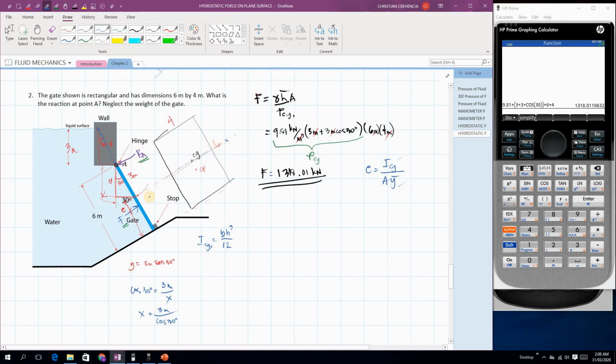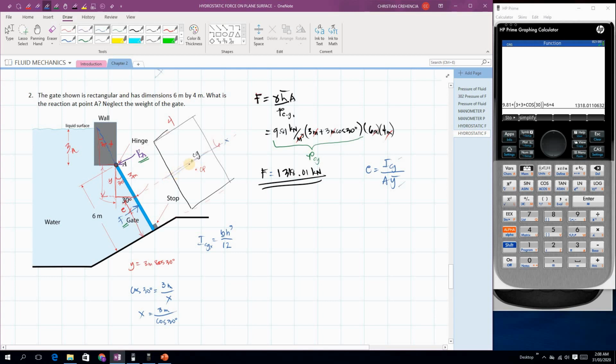So hindi siya naka-incline na ganyan talaga. So yung axis natin sa moment of inertia is actually parallel din siya dito sa liquid surface. Okay? Parallel kasi itong liquid surface natin is meron din yung depth na perpendicular din dito sa screen natin. Okay? So again, dito tayo nagmo-moment of inertia about this axis.